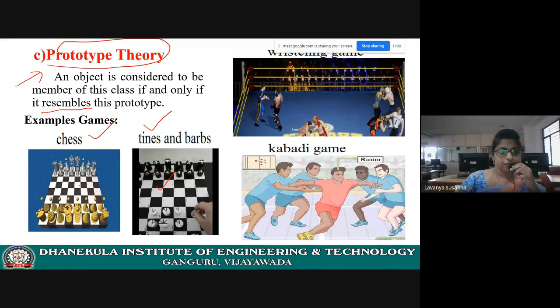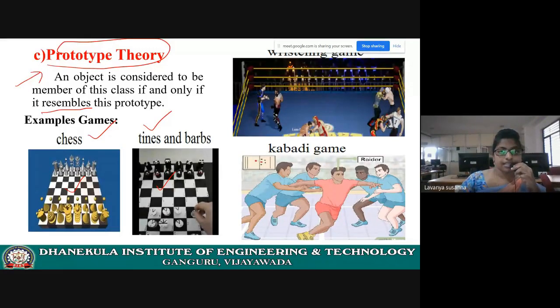So you can group these classes into a family of resemblance, but remember that all these games are different. Chess rules are different, and tiddlywinks rules are different. Just, there is some resemblance. According to this resemblance, you are grouping them.